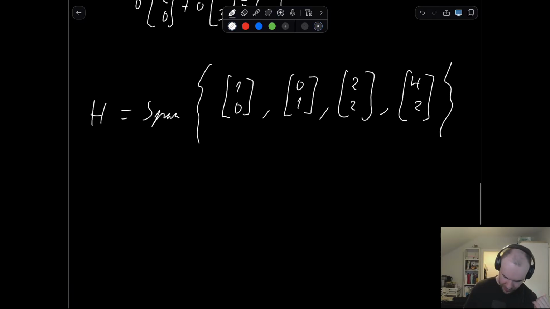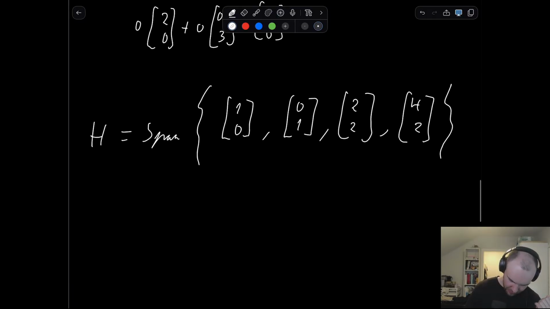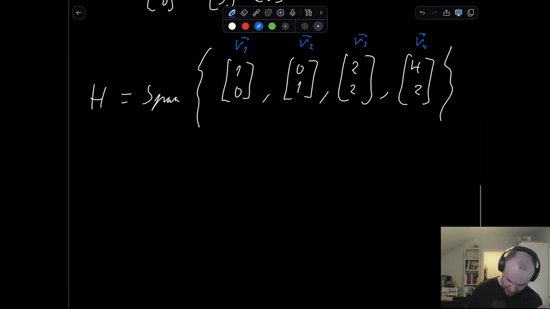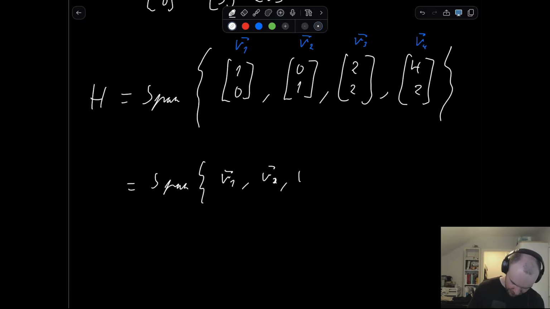So let's say I call you v1, v2, v3, and v4. If I first remove v4, then as you can clearly see, we still have h. This is still the same space. Nothing has changed.